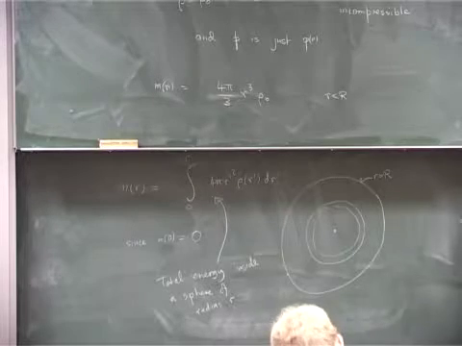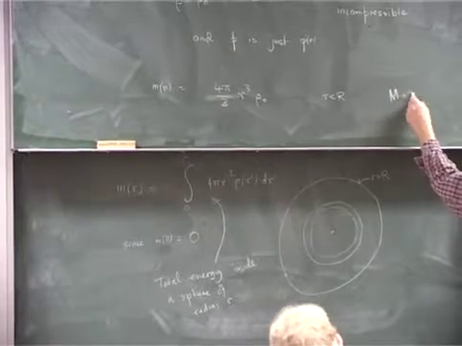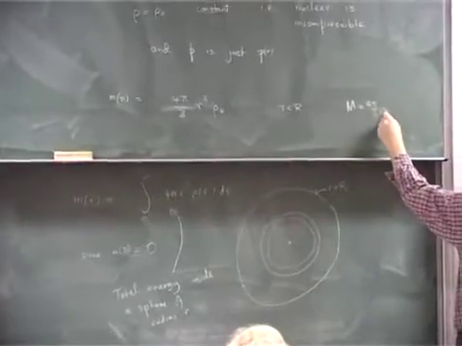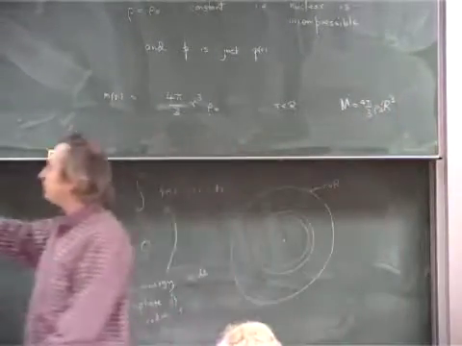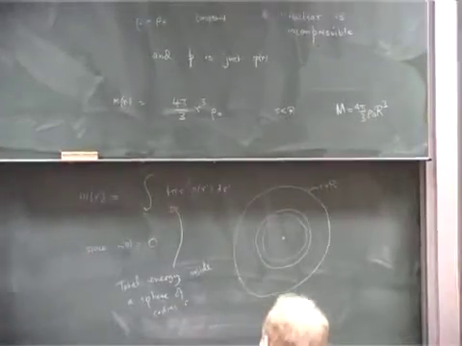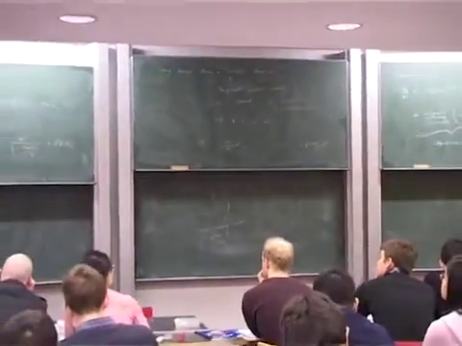So big M is equal to 4 pi over 3 rho naught big R cubed. And then, fortunately, this metric coefficient will match up with that metric coefficient at r equals R.